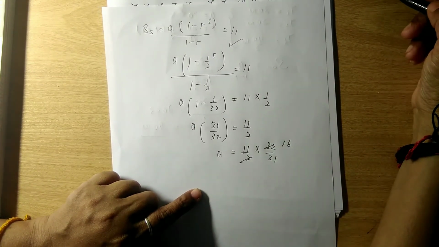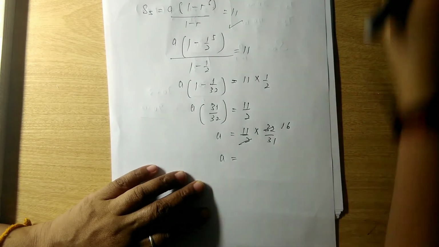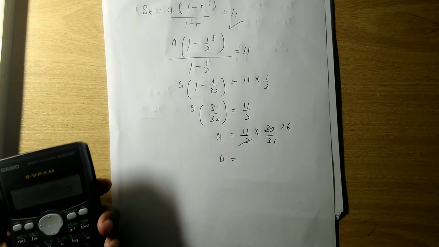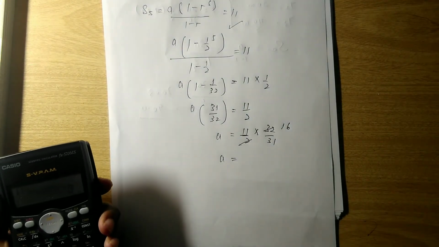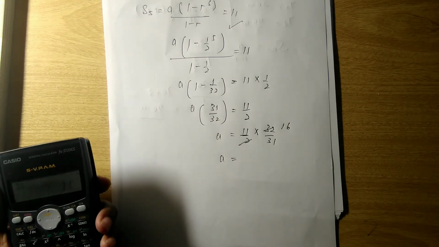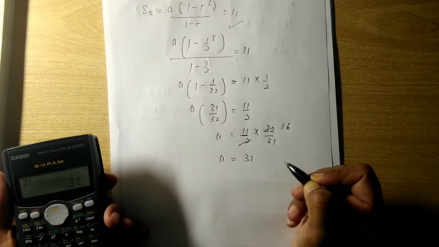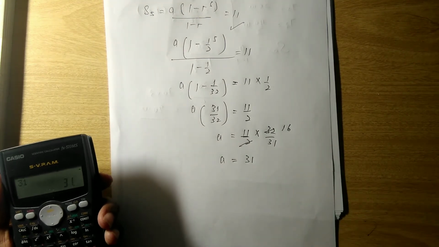16. So A becomes, okay, so A is actually 31. Alright.